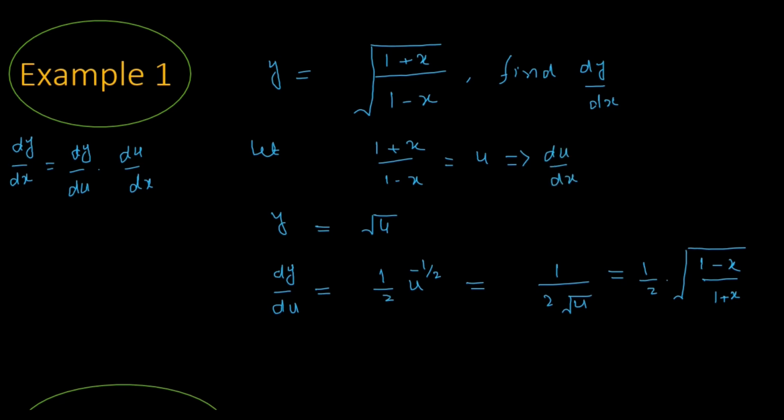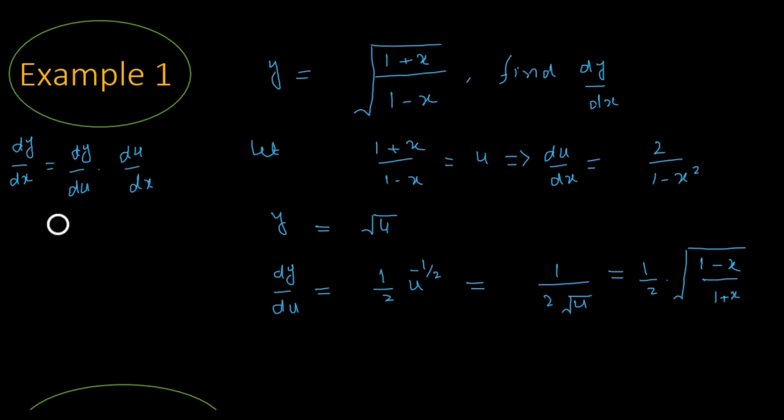You will apply the quotient rule, because it is 1 plus x over 1 minus x. Applying the quotient rule to find the derivative of u, this will be equal to 2 over (1 minus x) squared. This is your assignment, so I'm not writing it.